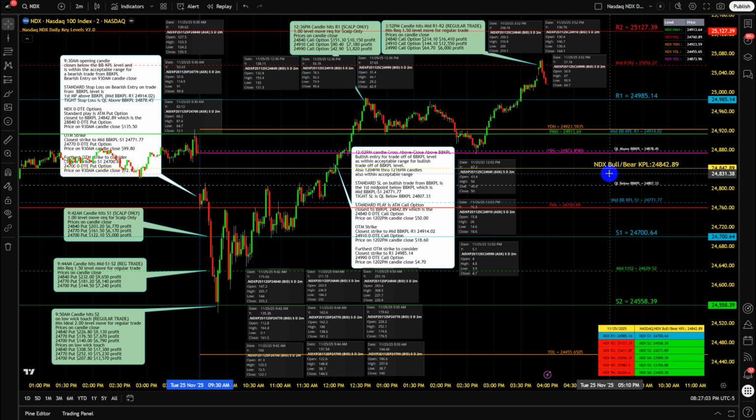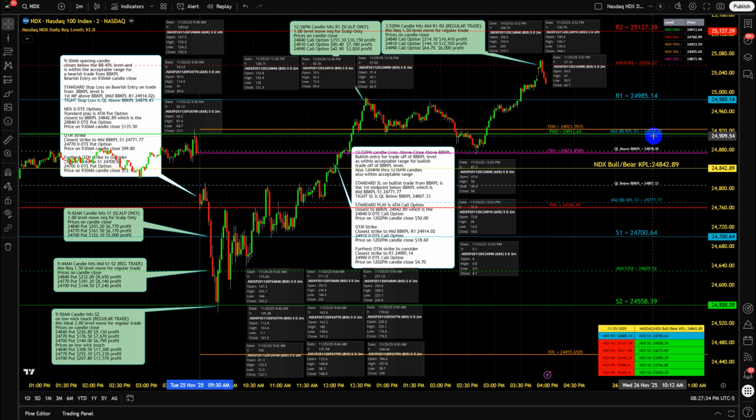In this case, the level we're taking the trade from, the BB-KPL. So we look one level above here for our first out of the money, and then the full level above for our second out of the money. So the at the money play is going to be the 24,840 call in this case, because it is a bullish play. Then our out of the money second option is based on this level here, 24,914.02.